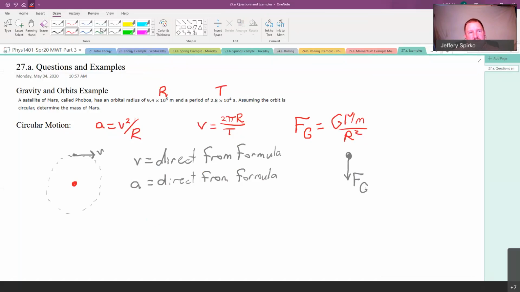So when we look at our force diagram, we basically have the force of gravity is equal to mass times acceleration.